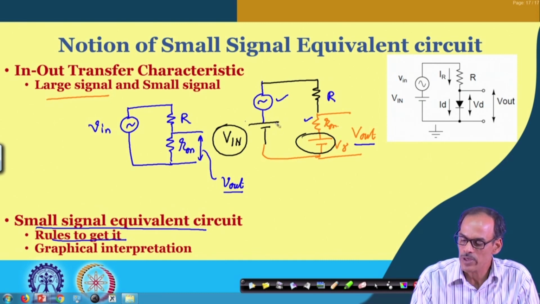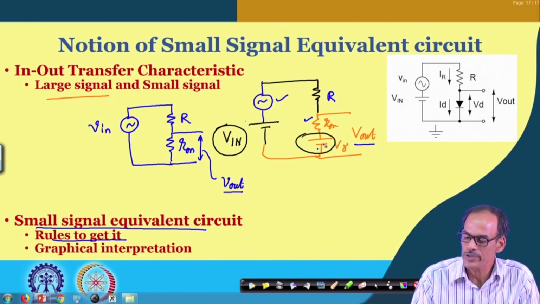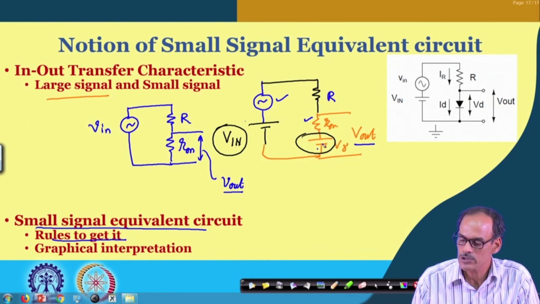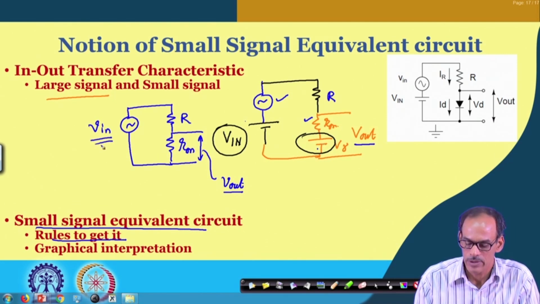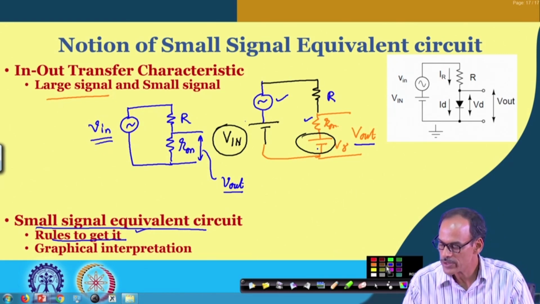The DC part we are making it 0. The DC voltage, even though it is coming from the device, we are dropping to 0, and rest of the things we are retaining, and we are retaining of course the small signal part.